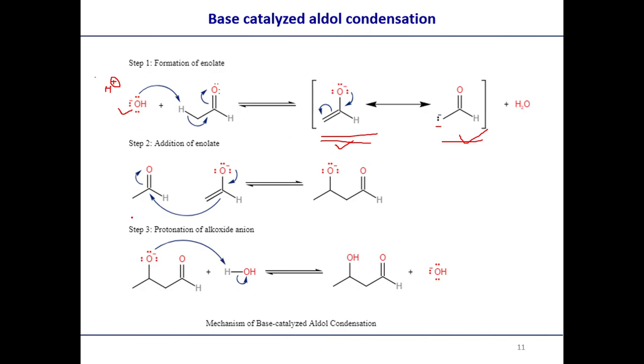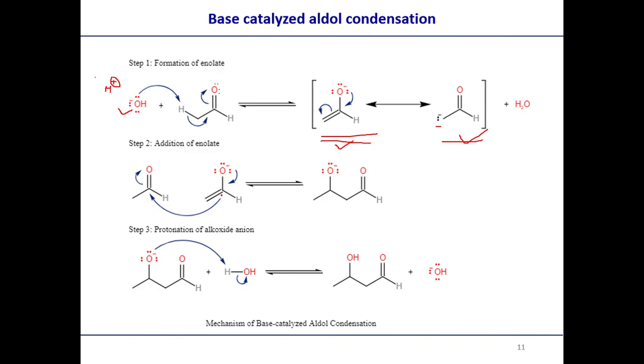Then in the second step, addition of enolate will take place to the same substrate, the starting material, again a different molecule. If you are doing the reaction, different molecules are present. So one molecule's proton is abstracted by OH minus, and it will attack on the second molecule.